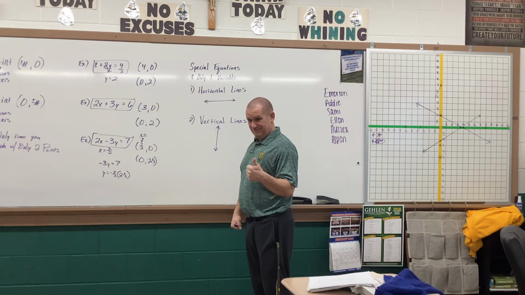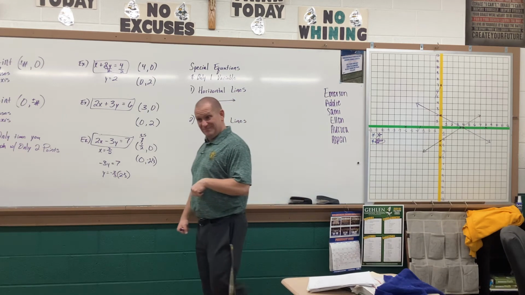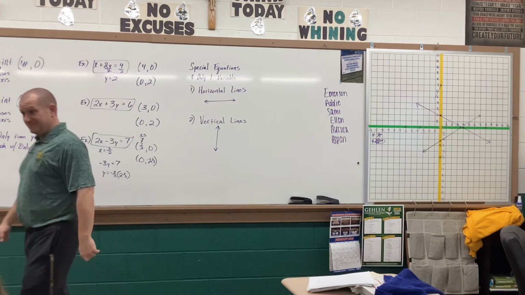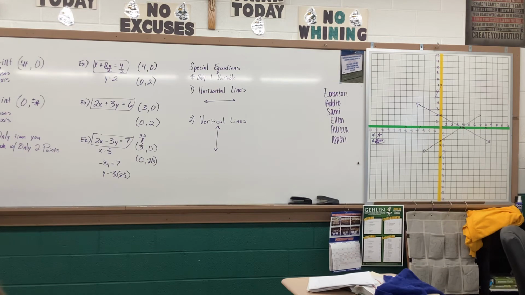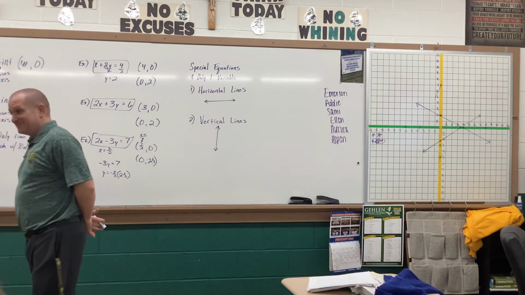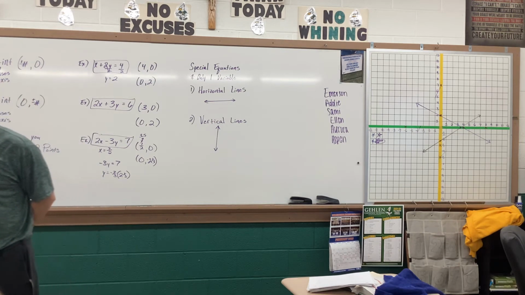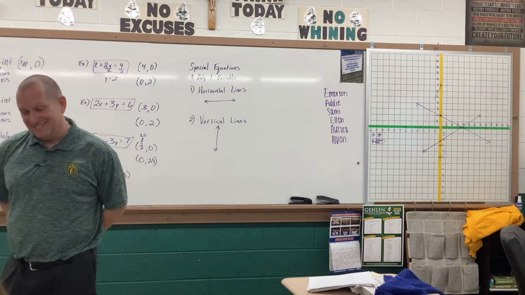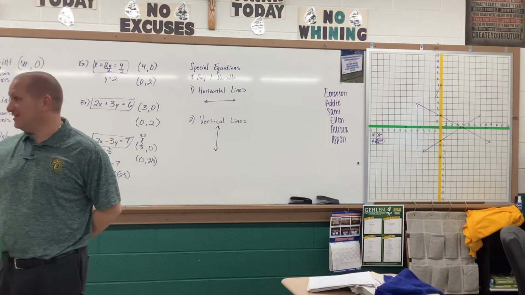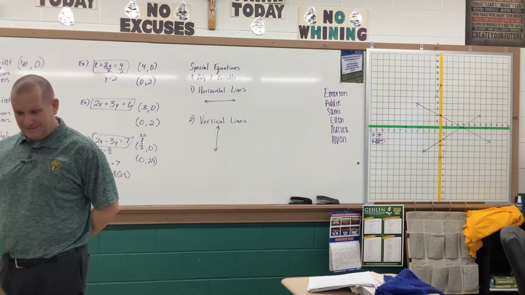X. What do you think? X. Y. Why do you say y? Because they didn't say y, so you want it to be different. So what if I tell you the different guy's right?